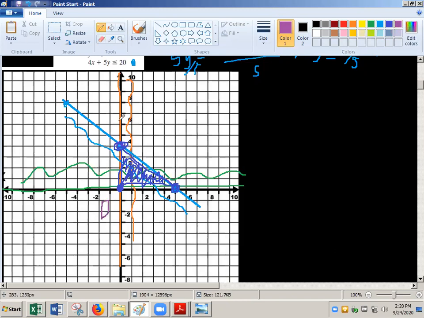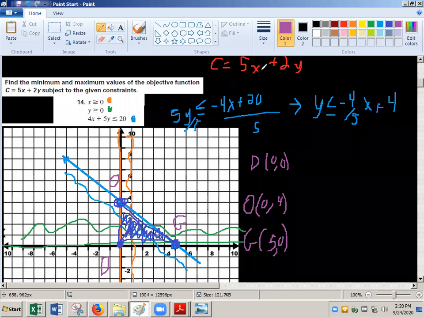So we got D, O, G. Point D is 0, 0. Point O is 0, 4. And point G is 5, 0.